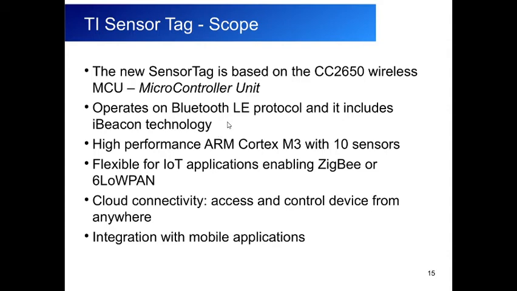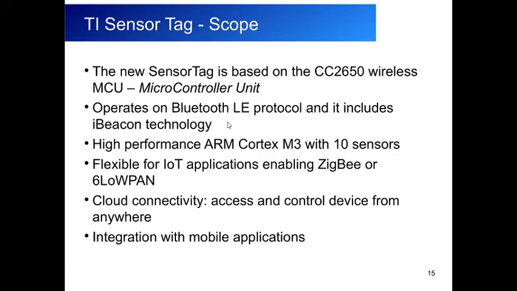Another device is the SensorTag, which is based on a special microcontroller from Texas Instruments, and again works on the Bluetooth Low Energy protocol, but it can also work on ZigBee or 6LoWPAN.